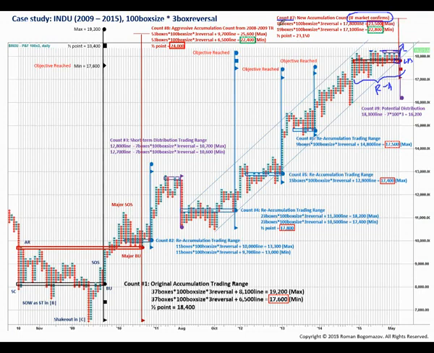We have 19 boxes here, and the maximum objective and the minimum objective fall between 22,000 and 23,500 right here. So the next question to ask is, have we maybe missed something in our original count? How can we find a confirmation for this target right here?